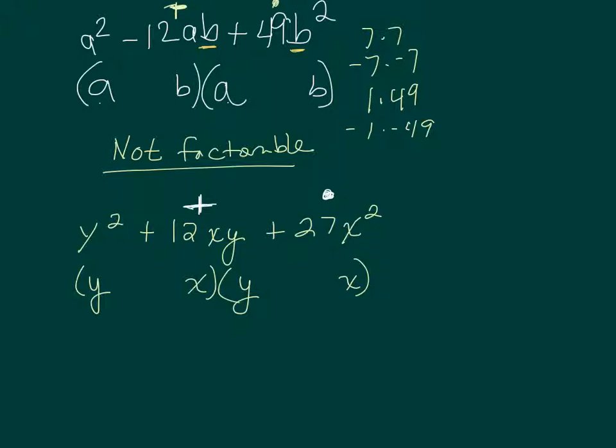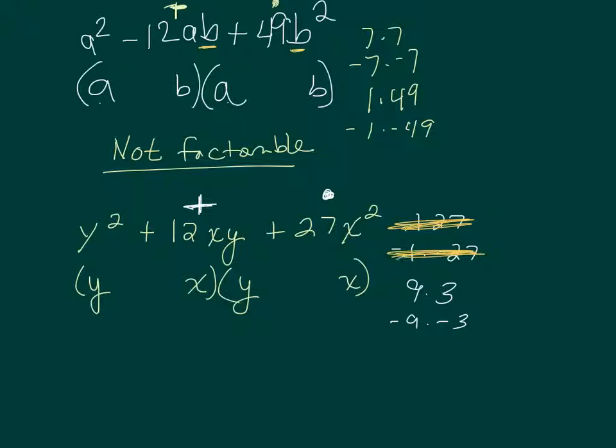So how can I get 27? Well, 1 times 27, negative 1 times negative 27. 9 times 3, negative 9 times negative 3. Okay, let's try these. 1 plus 27 is 28. That's not going to work. Negative 1 and negative 27, that's negative 28.